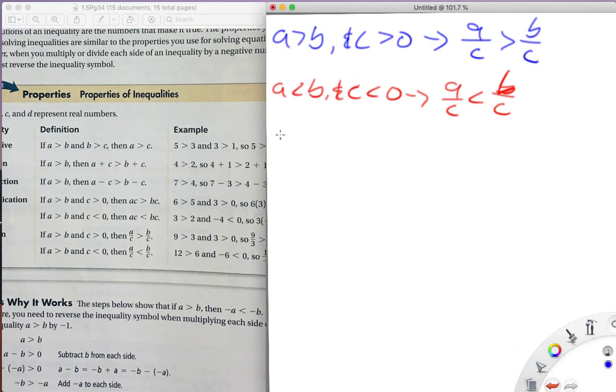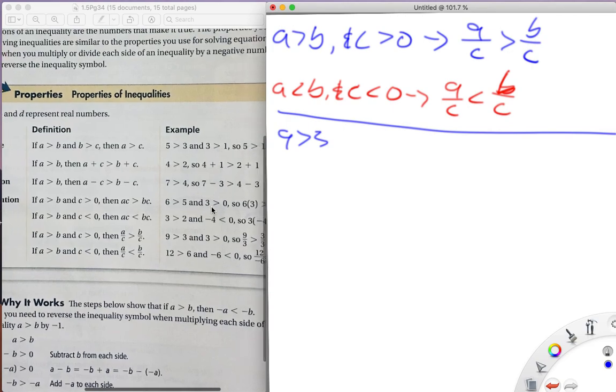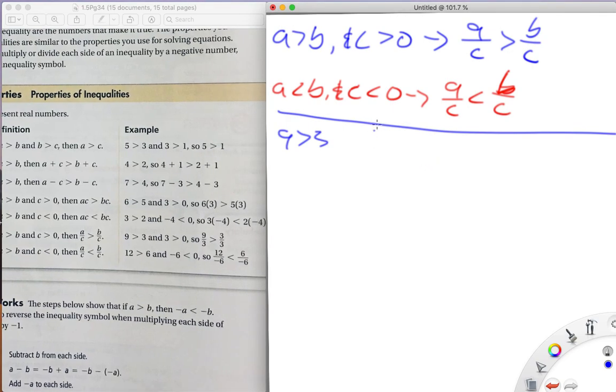So the book gives 9 is greater than 3, and 3 is greater than 0, so 9 divided by 3 is going to be greater than 3 divided by 3, which is true because 9 divided by 3 is 3, and 3 is greater than 1.